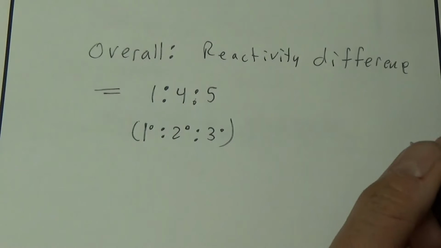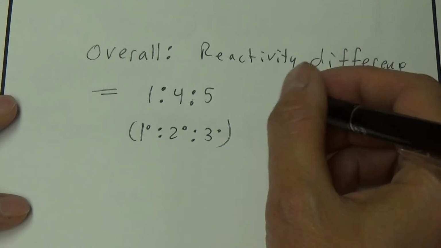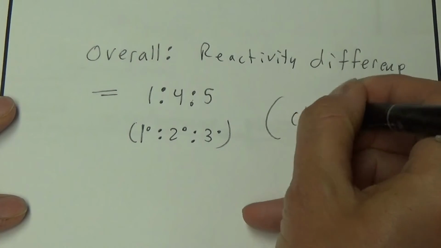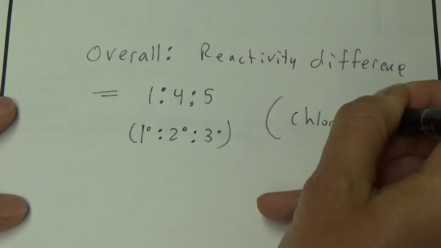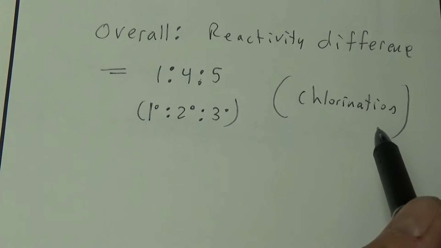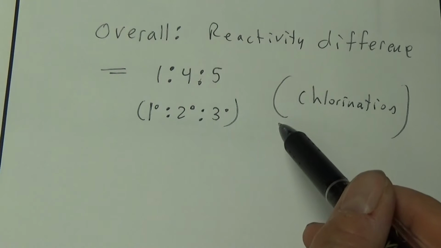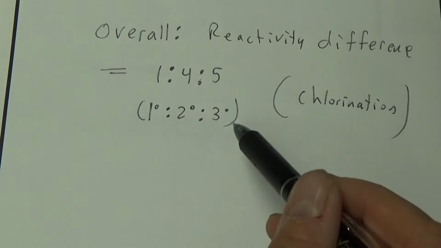Okay? And this is specifically for chlorination. So we're going to see when we do bromination and fluorination that the ratios are different. That's just foreshadowing a little bit, right?